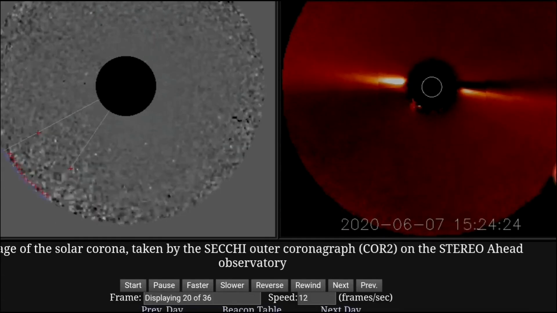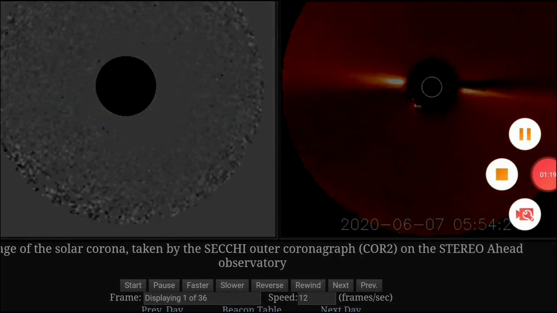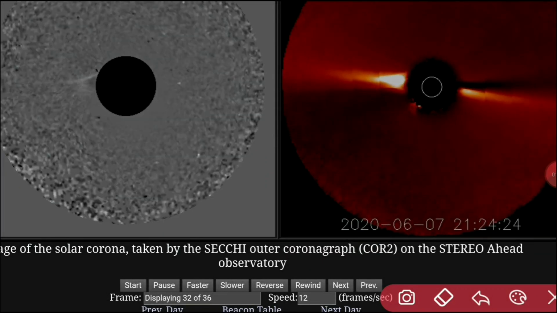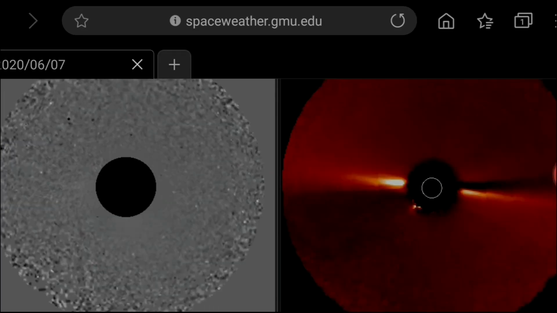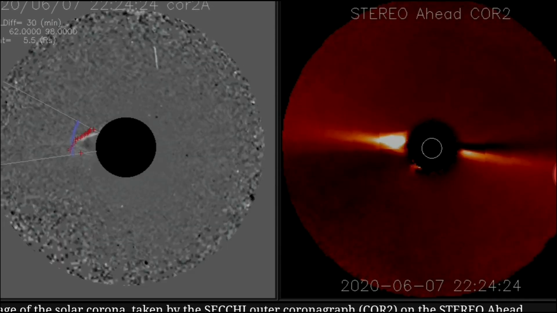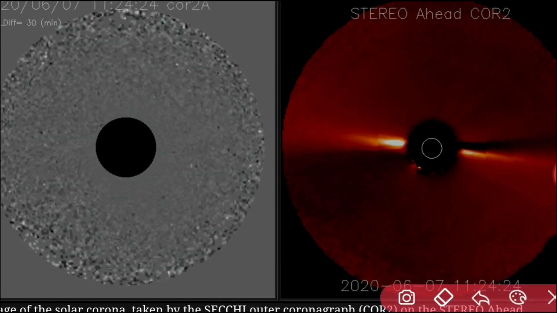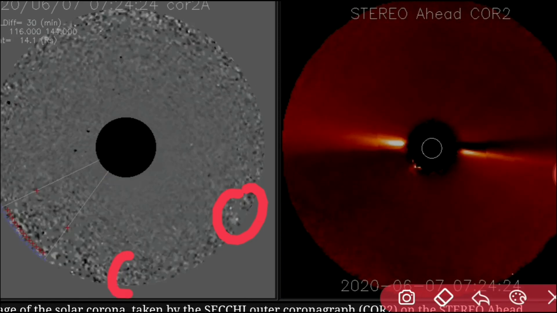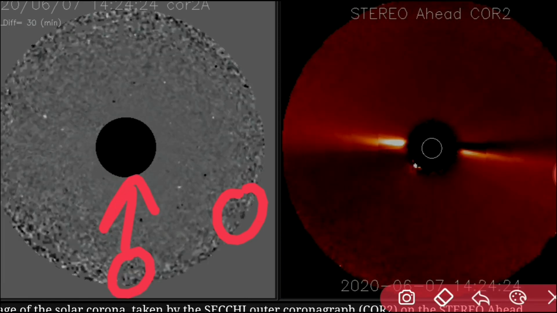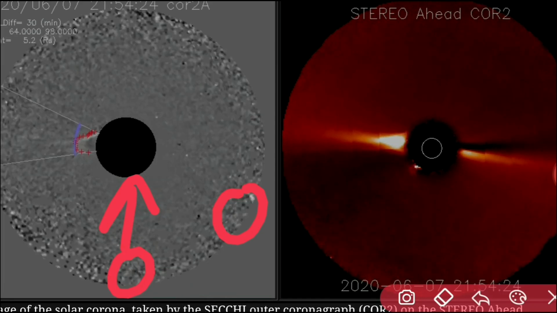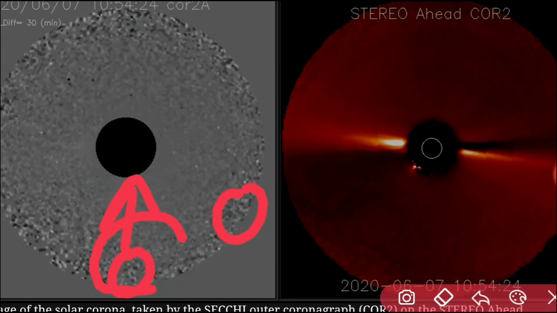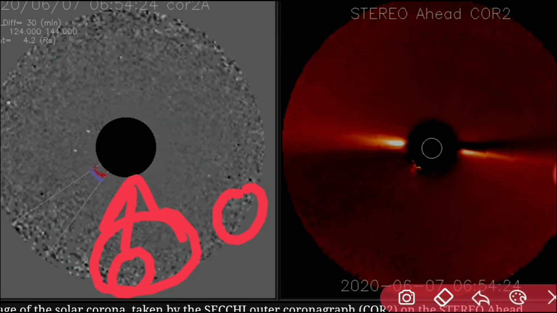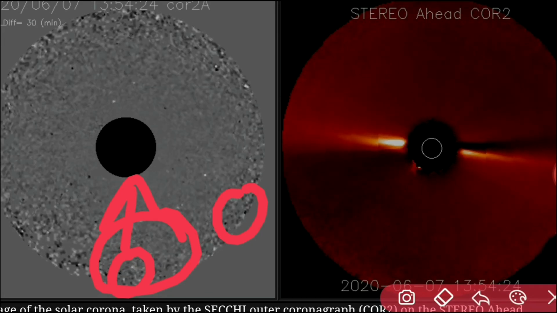I reported on this a little bit earlier. This is STEREO A, so let me get my draw tool out. Just to give you guys perspective of what we're looking at, the Earth would be basically right here, the satellite's here, and it's looking at the sun. If we were to step outside, this satellite would be off to our left, on the day side of Earth, facing the sun.